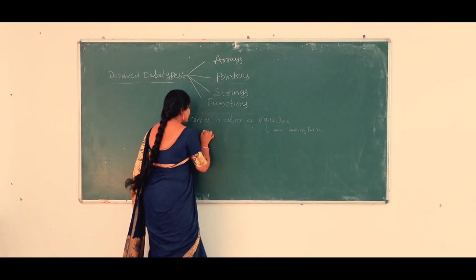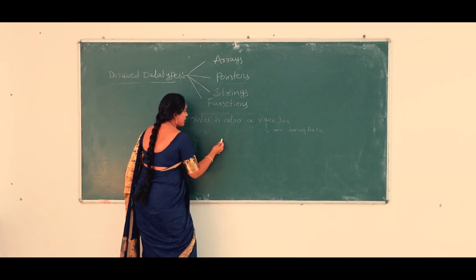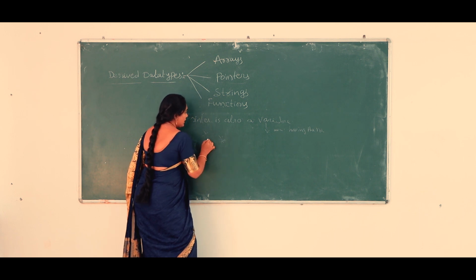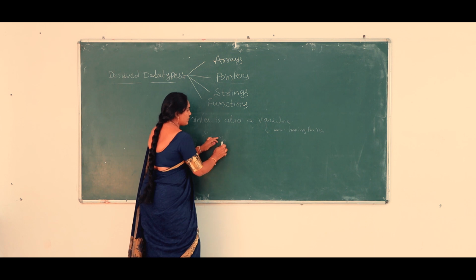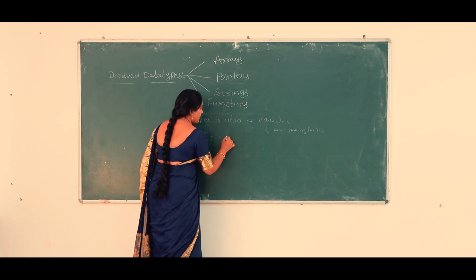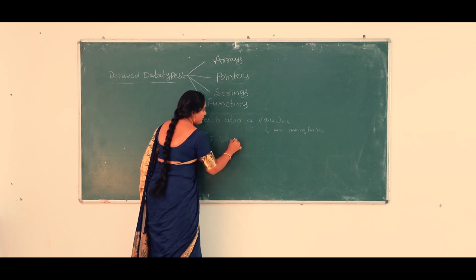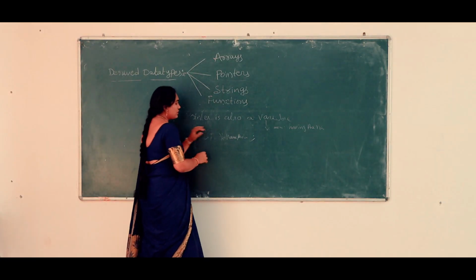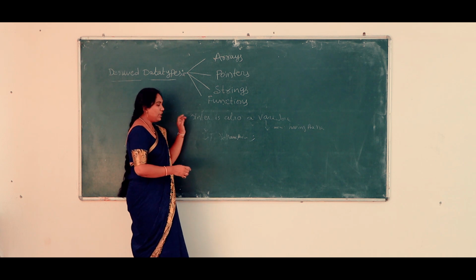In pointers, we declare the pointer variable by using the asterisk symbol: data type, asterisk symbol, name of the pointer variable, semicolon. This is the syntax of the pointer variable.